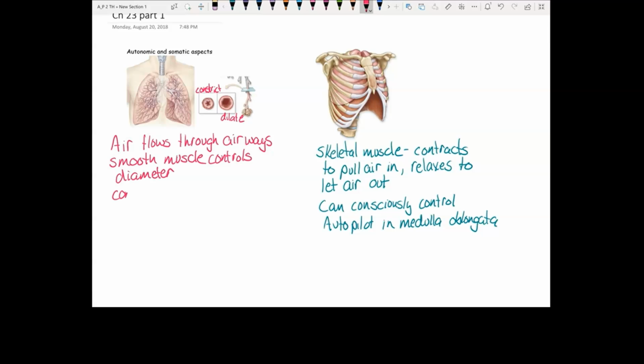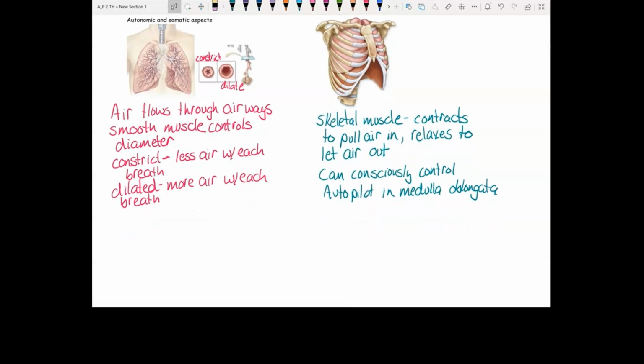Okay, so if they are constricted, then you get less air with each breath. And if they are dilated, you can get more air with each breath. And since there's smooth muscle, remember smooth muscle is always involuntary.